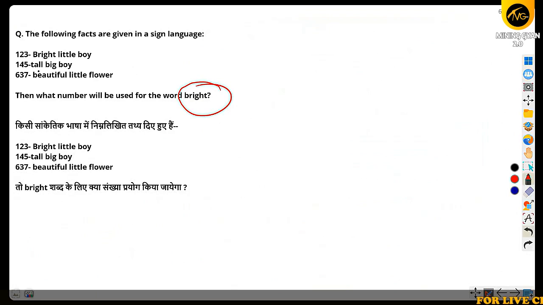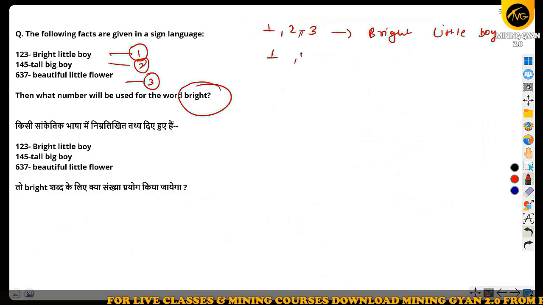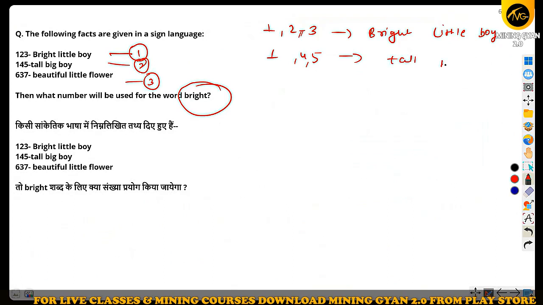This is equation number 1, equation number 2 and equation number 3. 1, 2 and 3 represent bright little boy. Equation number 2 is 1, 4, 5, which represents tall big boy.